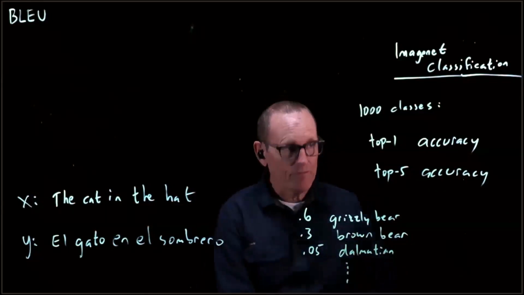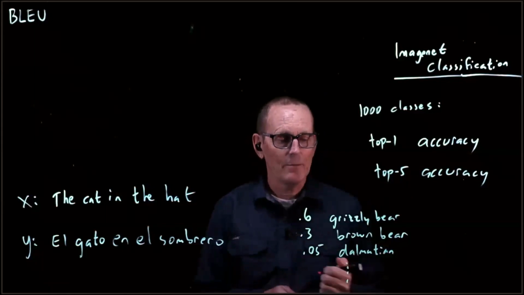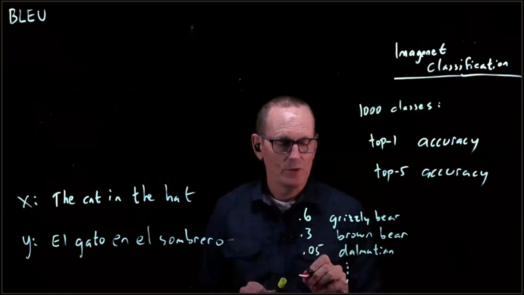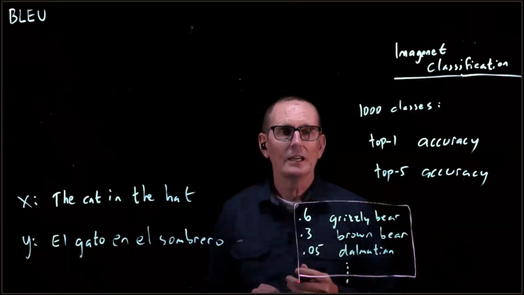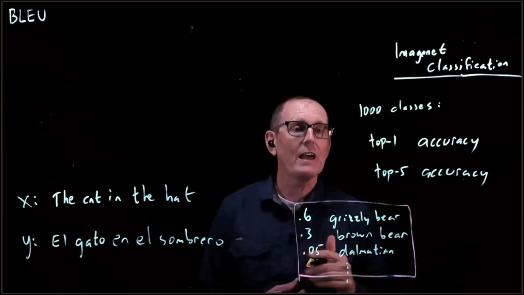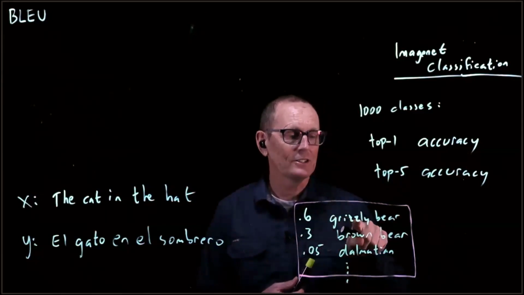And so the top 5 says we're going to look at your top 5 predictions, and we're going to consider it top 5 accurate if the correct answer was one of these.